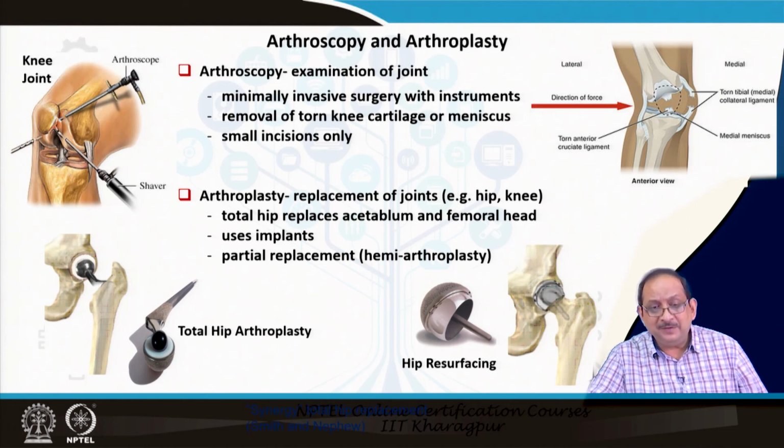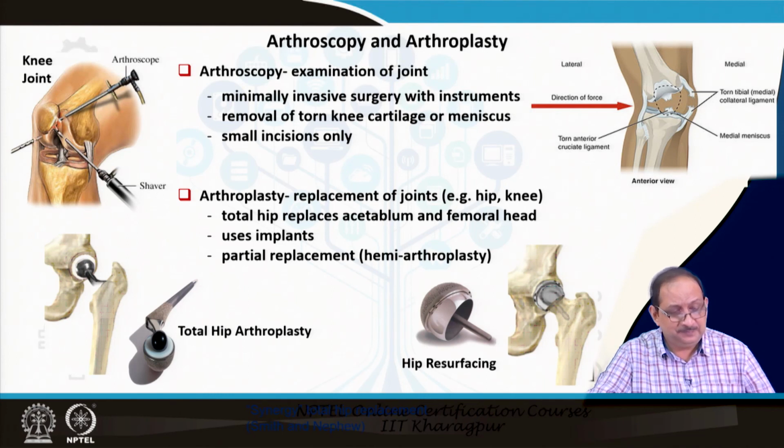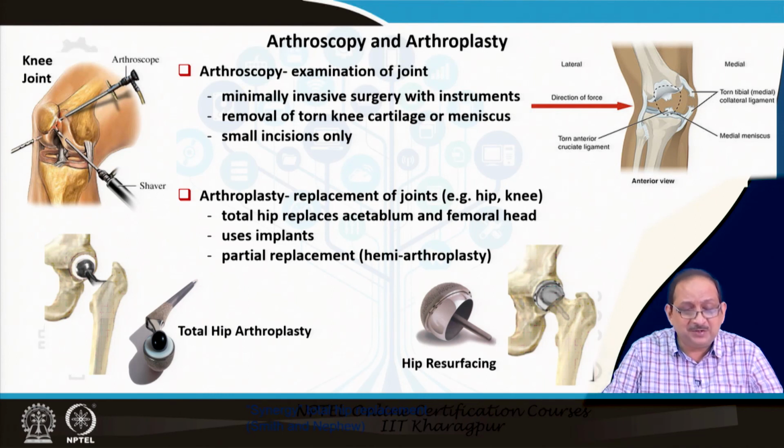On the other hand, arthroplasty is a reconstructive surgical procedure of the joint using implants and prosthesis. I repeat, a reconstructive surgical procedure of the joint using implants and prosthesis.